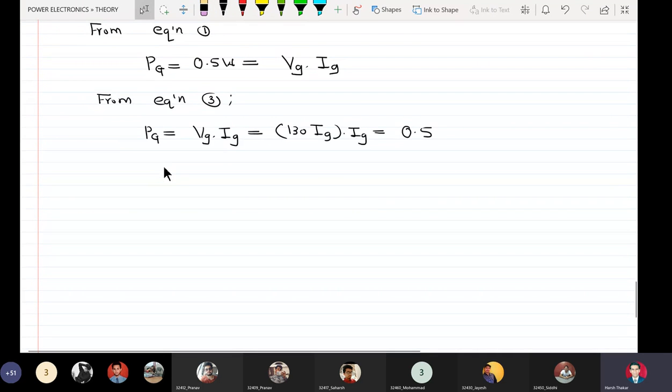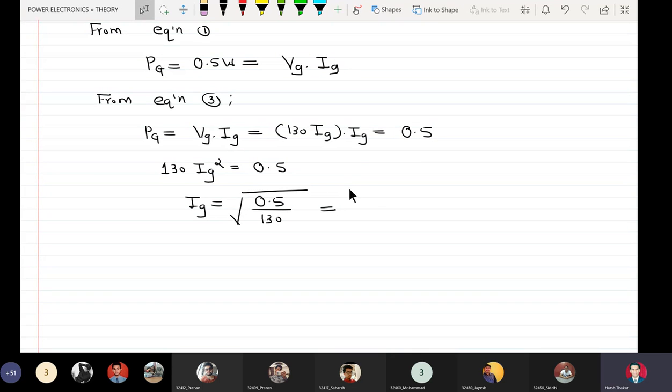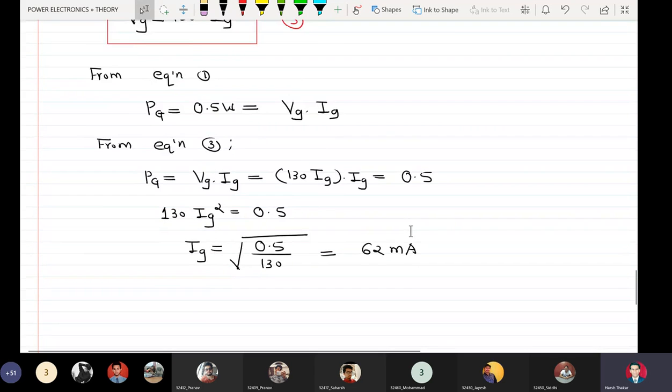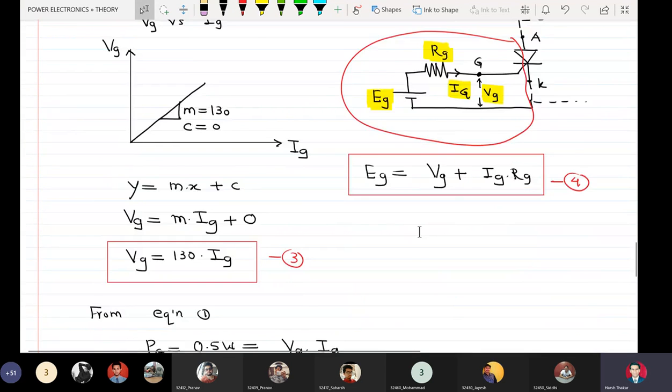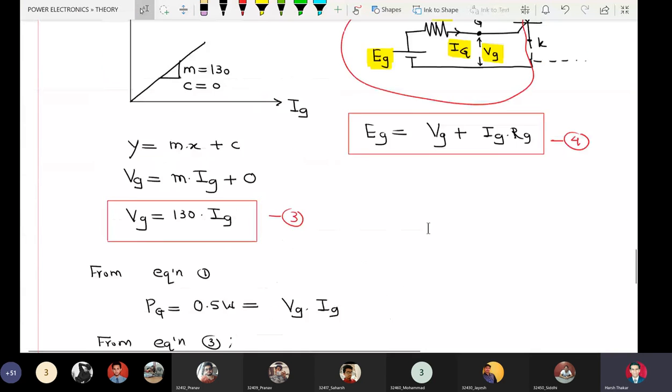So very simple. I have 130 times Ig square equal to 0.5, and so I can have Ig equal to under root of 0.5 upon 130, which comes out to be approximately 62 milliamperes. So I have found the value of current using equation number 1 and equation number 3.